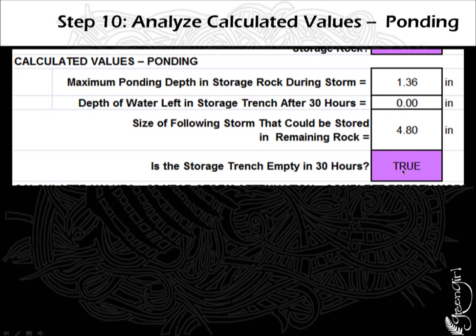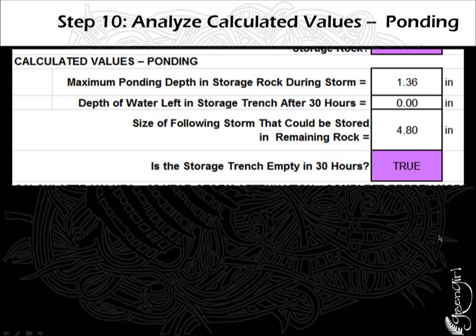Yes. So that's good. But the reason that I said that it might not have to be empty is because if it weren't, there's still a lot of rock left in a 12-inch base rock depth to store rainfall. Just as a little test, because a lot of people are looking at continuous modeling, they ask: what if the 25-year storm hits twice, or what if the 2-year storm hits twice in a row?